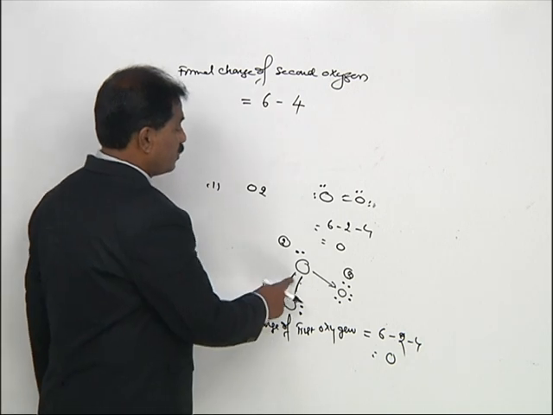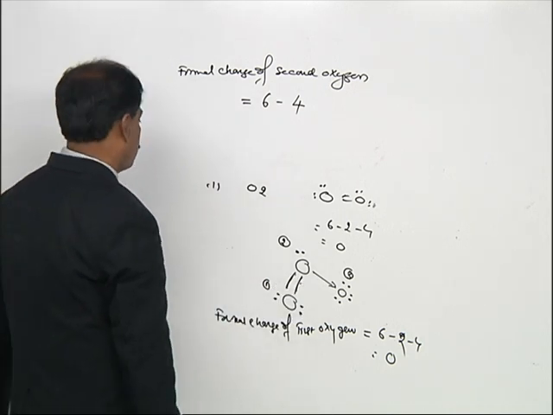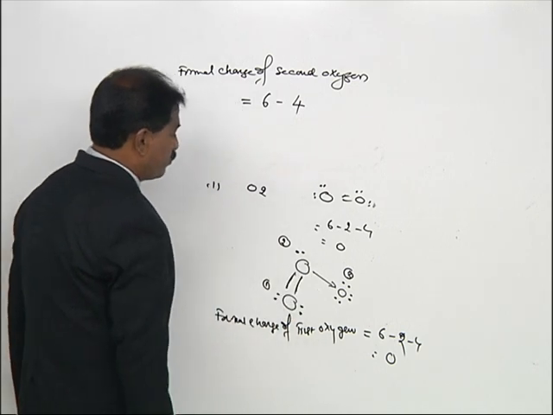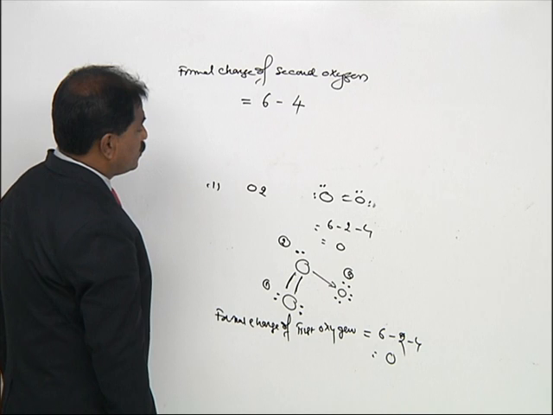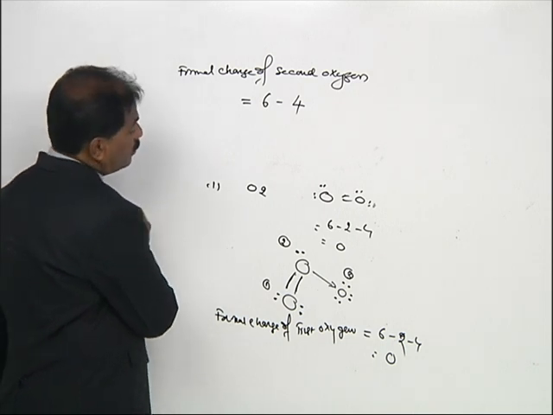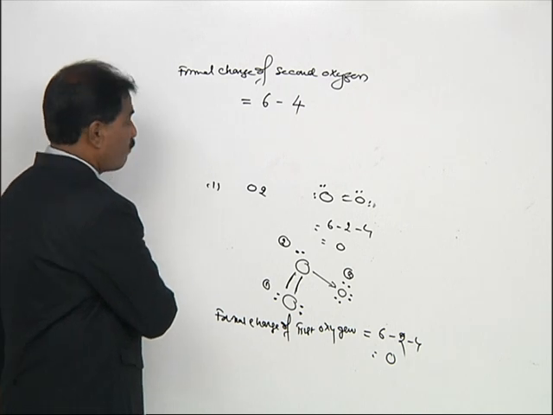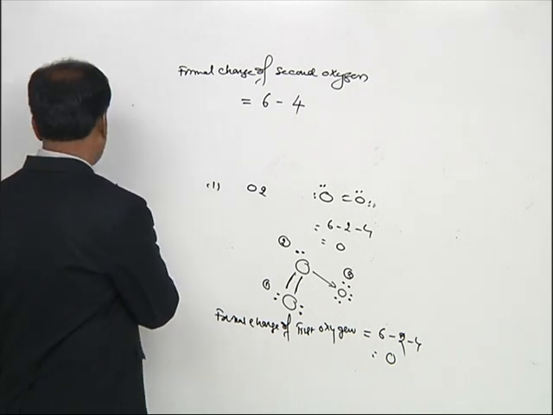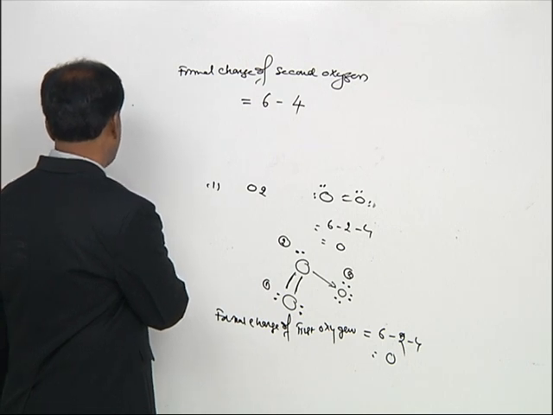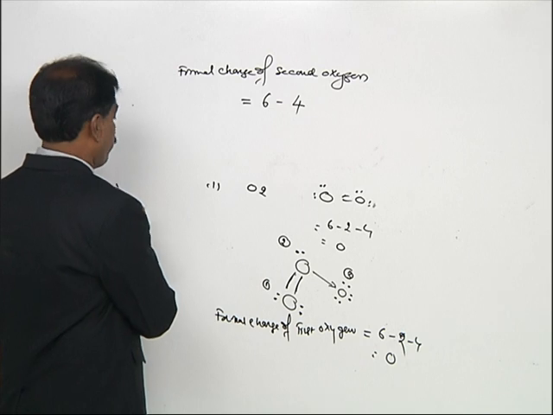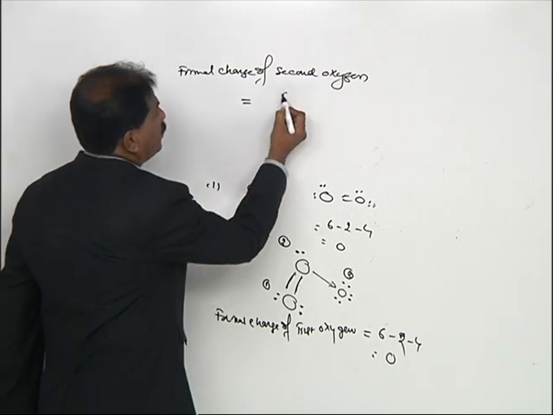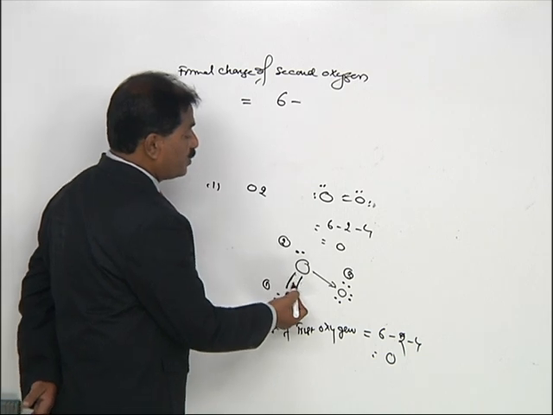6 electrons. Number of electrons in the valence shell. Next, number of electrons contributed for bond formation.